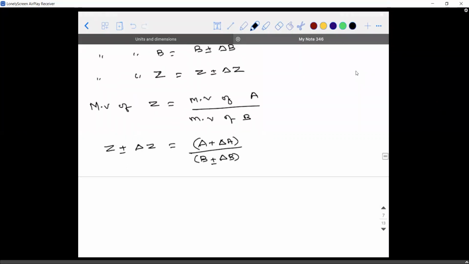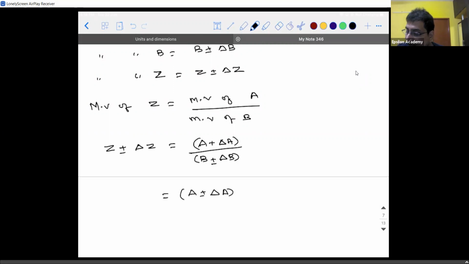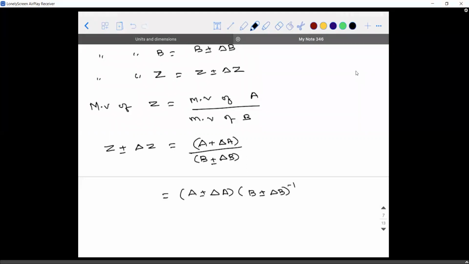Yes, sir. Now see, A plus or minus delta A, I'm leaving it undisturbed. This B plus or minus delta B, can I write as B plus or minus delta B raised to the power of minus 1? Yes, sir.